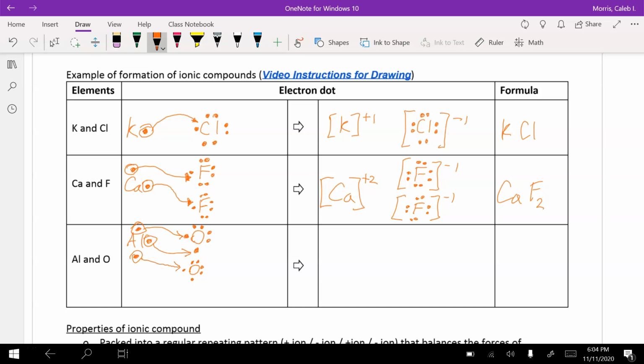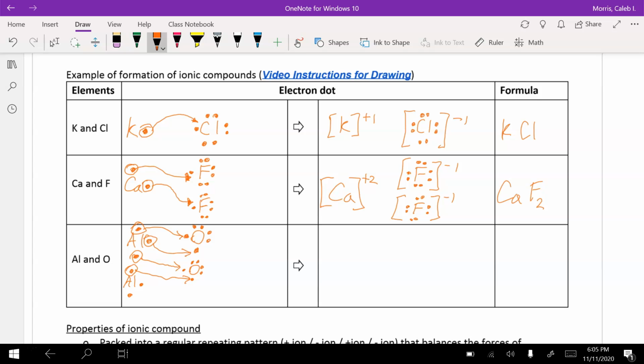Okay, so we got rid of all 3 of them, but you can see that this oxygen still doesn't have 8 valence electrons. It actually wants more. So we've got to draw another aluminum. Another aluminum shows up to try to satisfy this and get it to balance out. This electron can go to that oxygen and make it happy, give it a full outer shell.